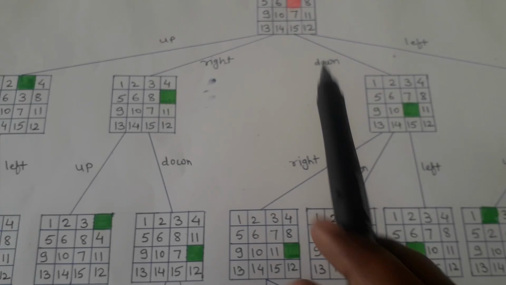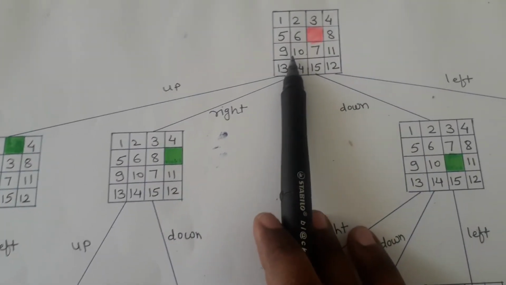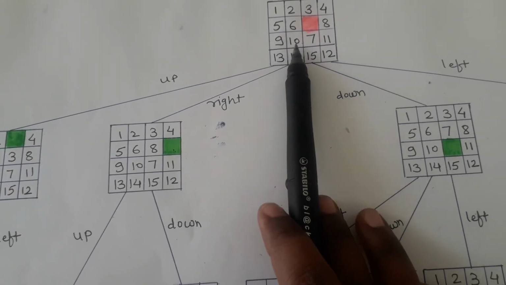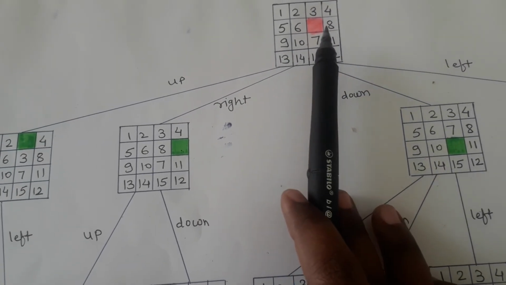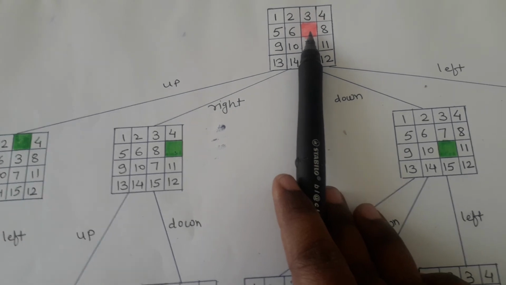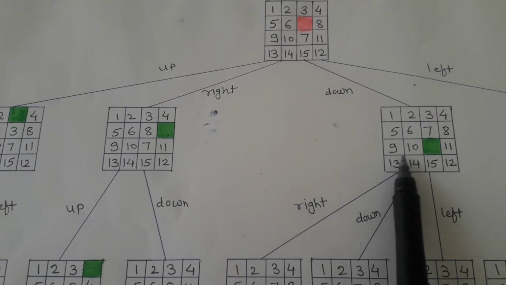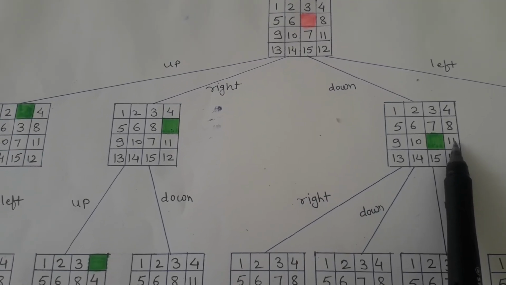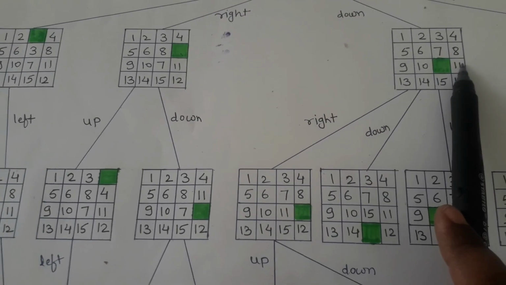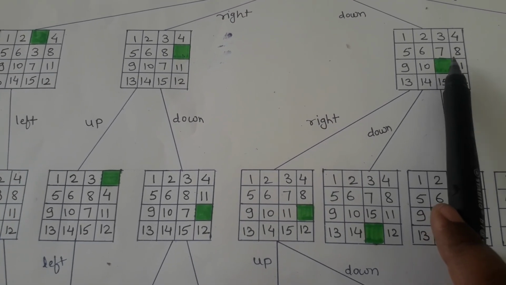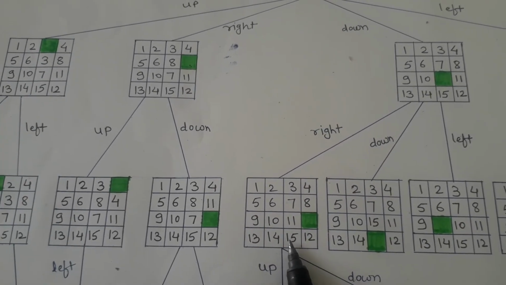Now here we can see we move only 3 tiles. This is our initial state. Now when we move 7 to this empty slot, we get this state. Then we move this 11 to the empty slot, then we get this state.